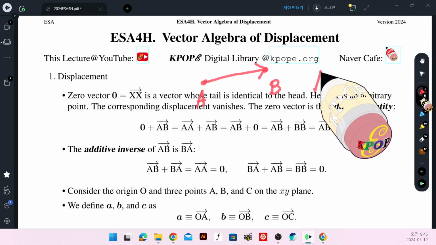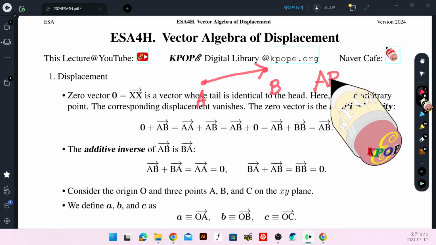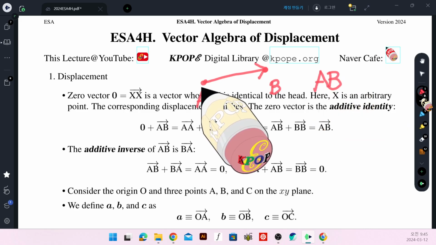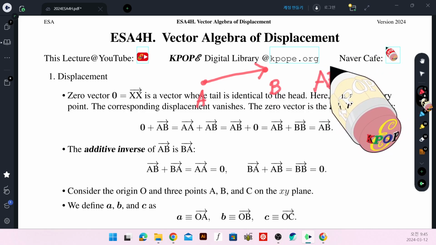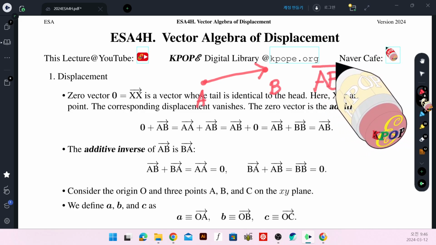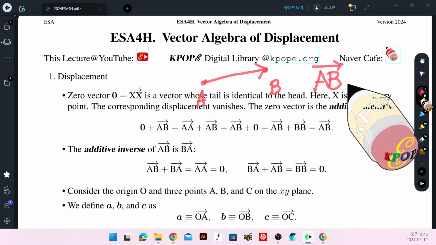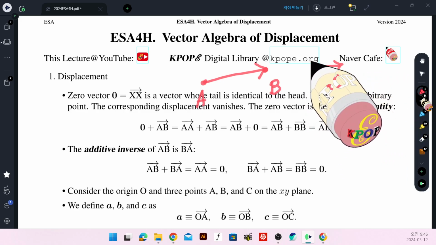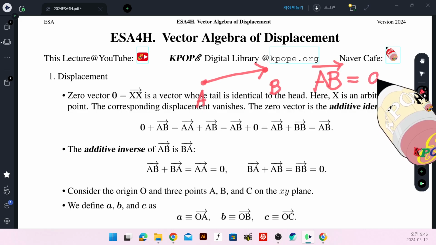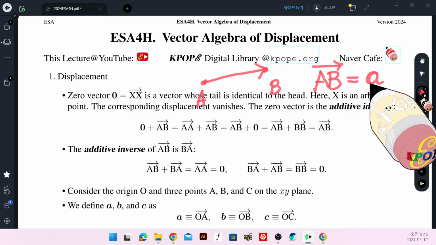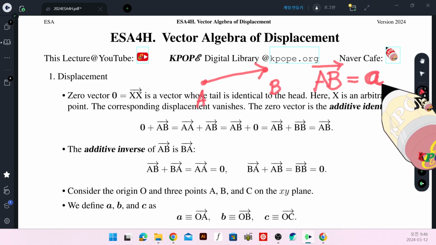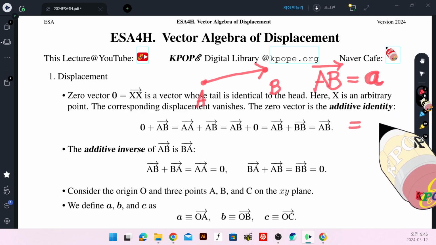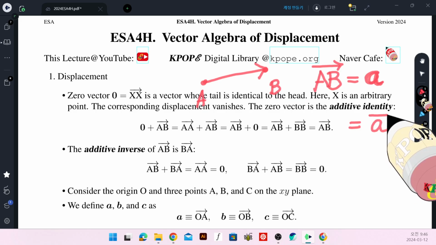And a convenient way to express this displacement vector is to write down the starting point and end point, and put an arrow on top of the two letters. And for simplicity, we can denote this one as some A, a bold-faced italic letter, to represent a vector, or A with an arrow attached on top of it.